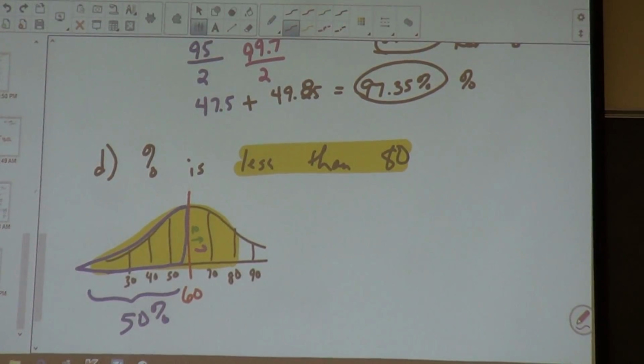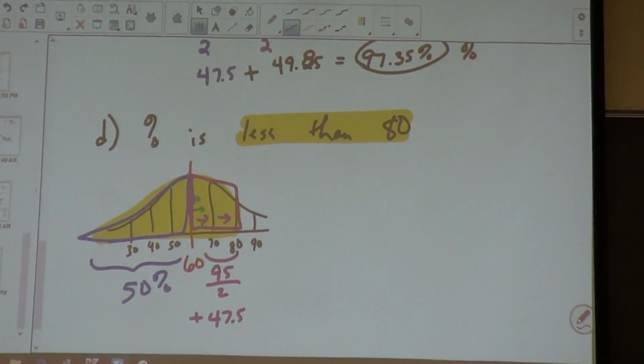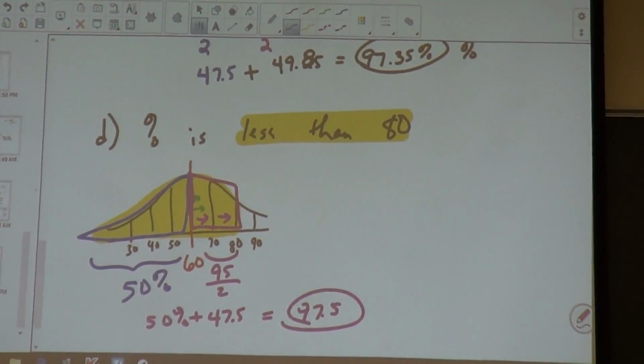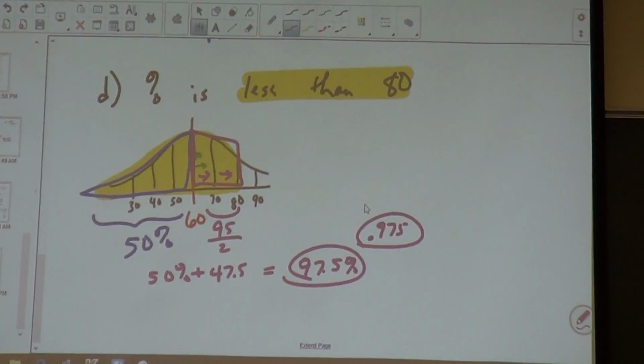The other one is a 2, so that's going to be a 95 cut in half. A 95 cut in half is a 47.5 plus the 50 is going to give me 97.5%, or 0.975 if they want relative frequency.